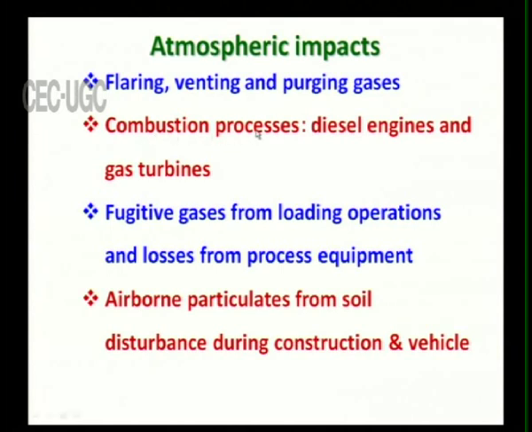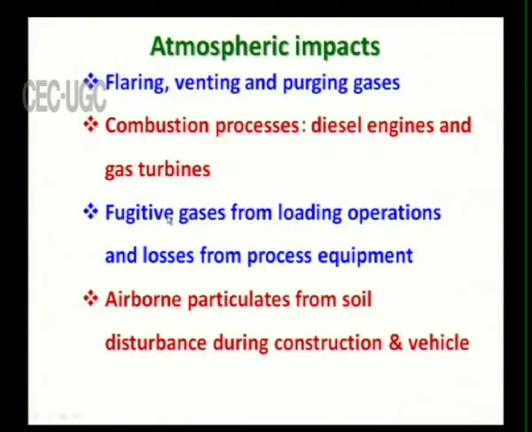And the combustion process: the diesel engines and the gas turbines, because all the automobiles are using diesel or petrol, and the coal that is used for the thermal power stations, and in most of the chemical industries also we are using coal.